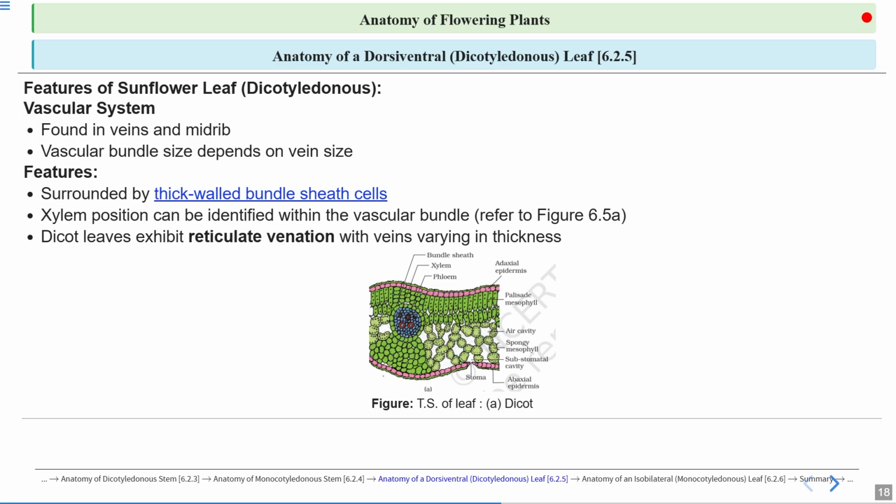Veins will have this type of vascular bundle, but the size of the vascular bundle will be small in the veins as compared to the midrib. And there will be veinlets also. If you see the veinlets' vascular bundle, it will be again very small.